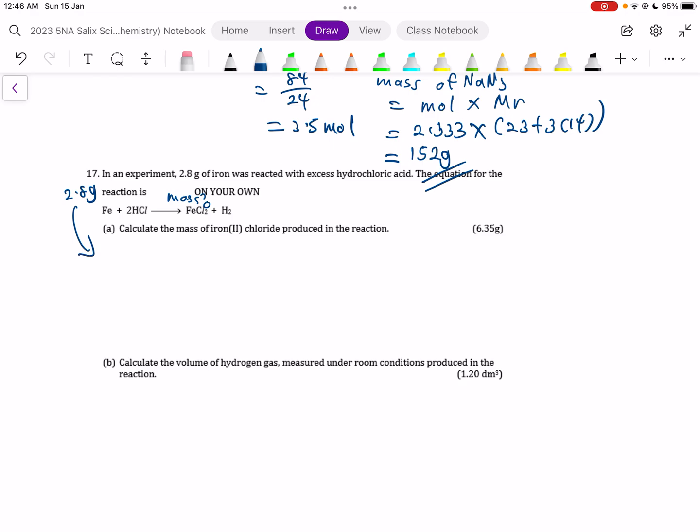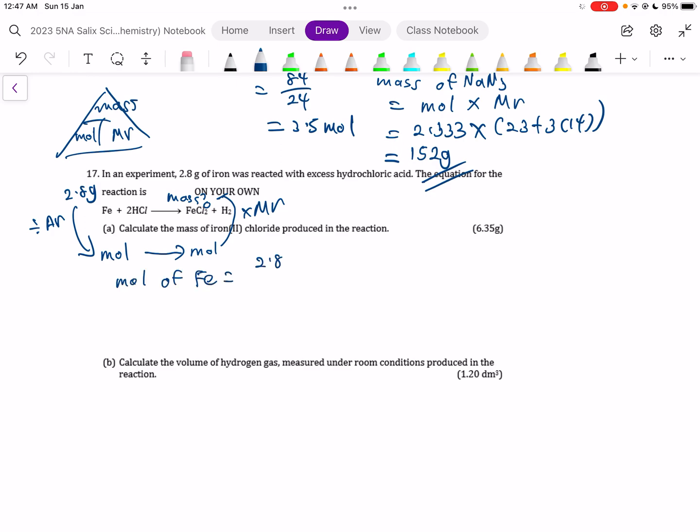So what you need to do is first thing, get the number of mole of iron by taking mass over Ar. Should be very familiar with this formula since you did it in N level. Then mole ratio 1 to 1 multiplied by Mr. So first thing first, find the number of mole of your Fe. So 2.8 divided by 56.